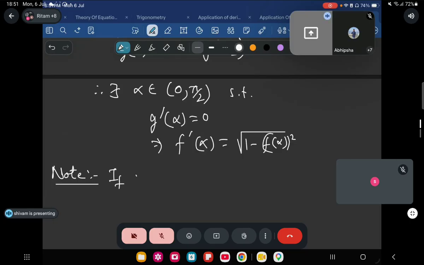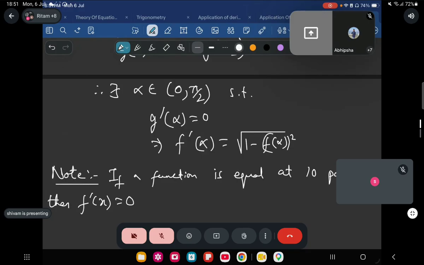Note, if a function is equal at 10 points, then f dash x is equal to 0 in at least 9 points.